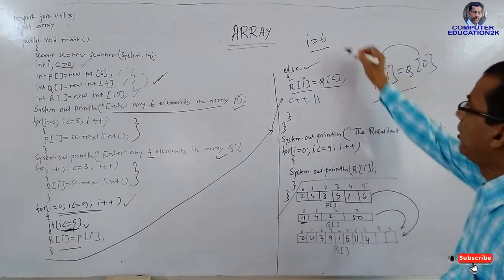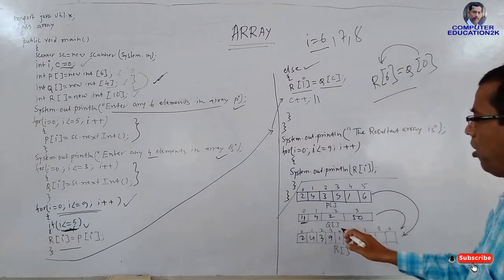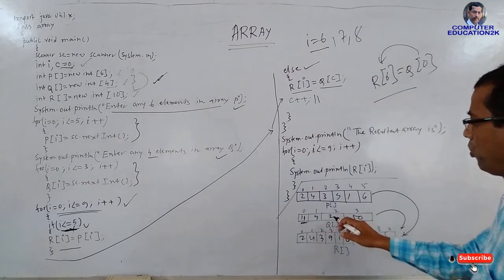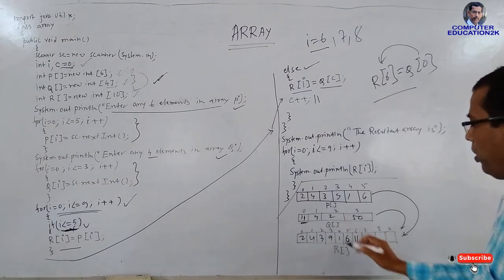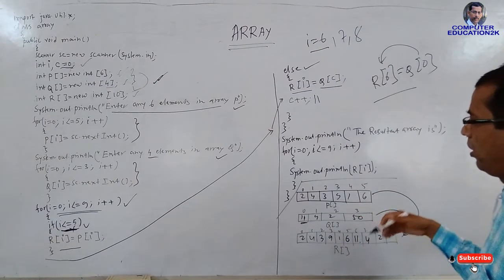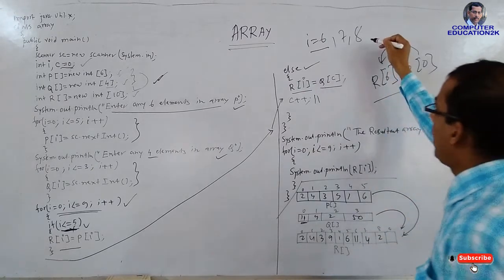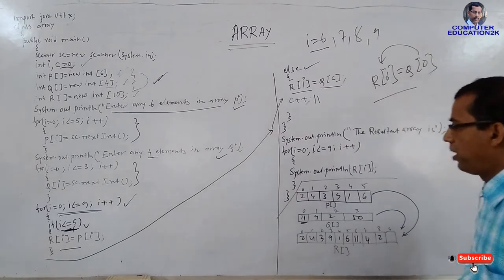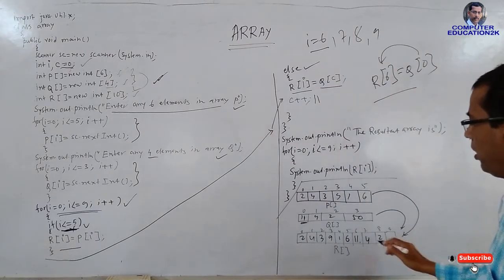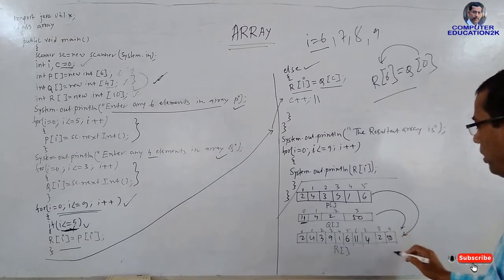Then I will be 8 and C will be 2. So Q of 2 means 2 will come and be stored in R of 8. Then C will be 3 and I will be 9. So R of 9 means this. Q of 3 will come, then 50 will come and be stored here.